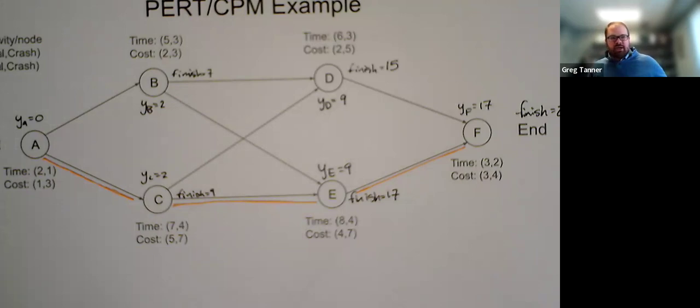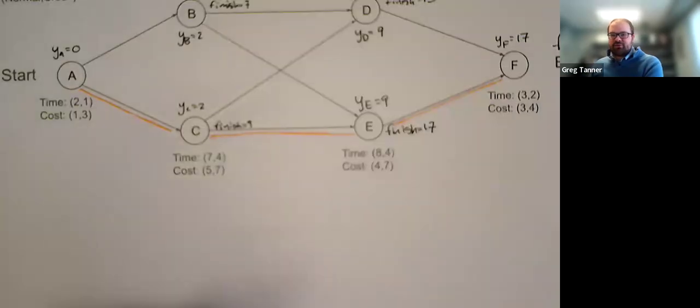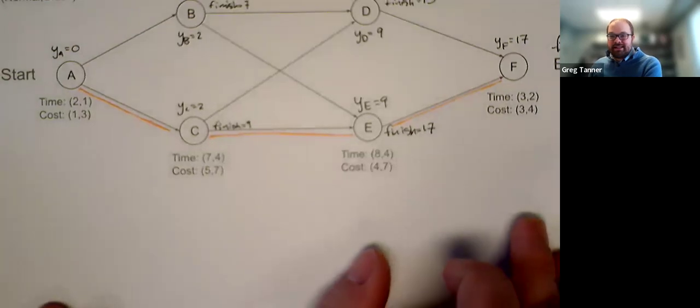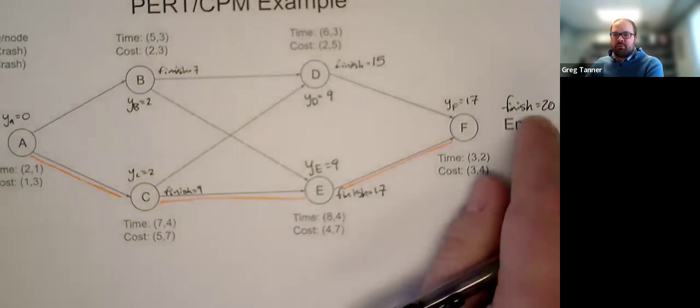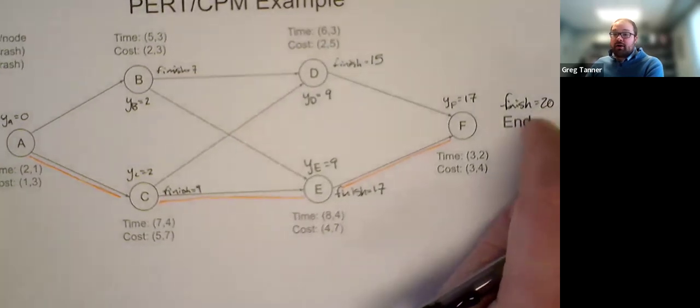So now, thinking ahead into crashing activities. We can spend money to reduce the time of some of these activities. We're going to formulate that as a linear program. To formulate it as a linear program, we want to say, what do we want our finish time to be?